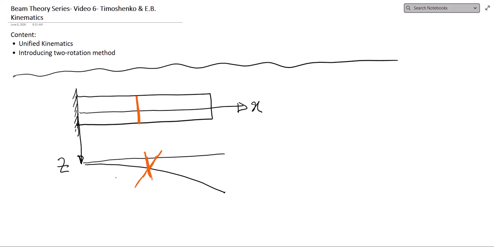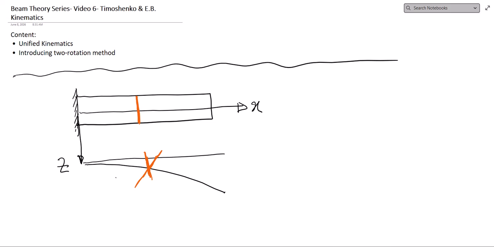In Euler beam theory, we said that the normal of this rotated cross section is always aligned with the tangent at that point to the elastic curve, and in Timoshenko beam, that requirement is relaxed, and the cross section can have a different rotation, by a different amount than the 90 degrees that is required for Euler-Bernoulli.